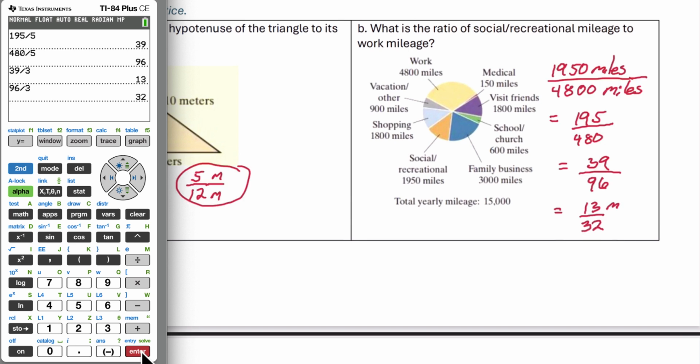And this is still miles and miles. And we know we're fully simplified at this point because 13 is prime. The only factors of 13 are 1 and 13. So there's nothing else we can do to simplify. So our simplified ratio is 13 miles to 32 miles.